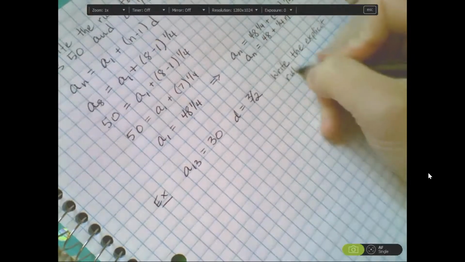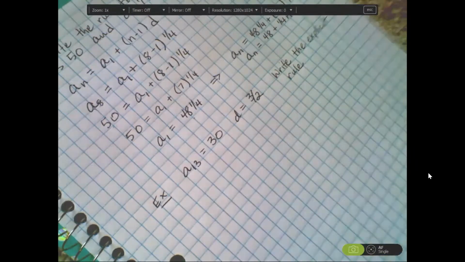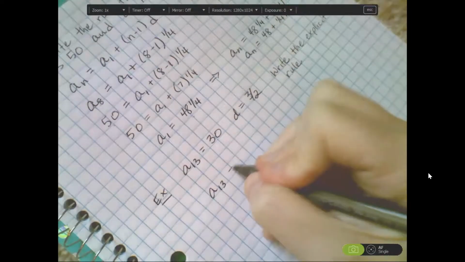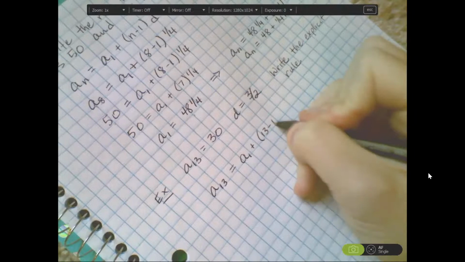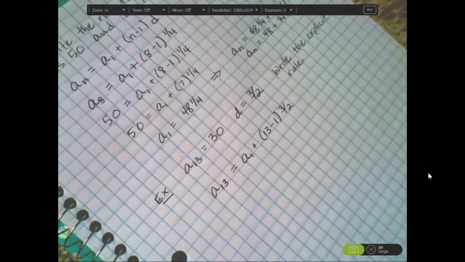We want to write the explicit rule for this sequence. So I can set this up the same way. I know the 13th term, so if I make this a sub 13, I don't know the first term, but then this is going to be 13 minus 1. I know my common difference.